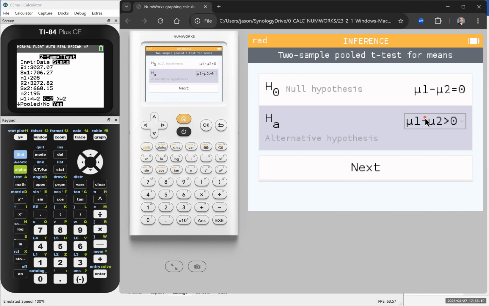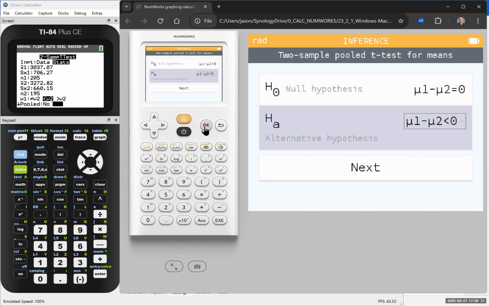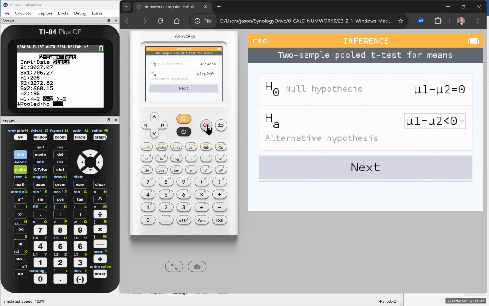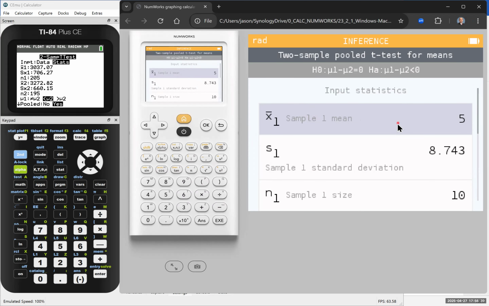And here, this needs to be mu1 minus mu2 less than 0. That is our true alternate hypothesis there. Okay, so now we'll click Next, input statistics, and this is where we have to put in those same values.